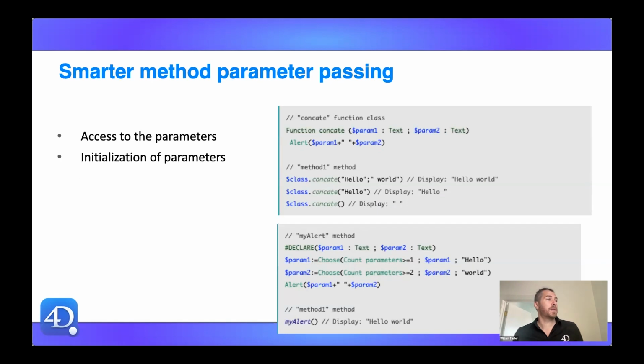And smarter method parameter passing. So 4D v19 R3 provides the ability to access all method parameters without error, even if some parameters were not passed by the caller. In this way, the code becomes clearer and more readable without many if statements at the beginning checking the parameters.